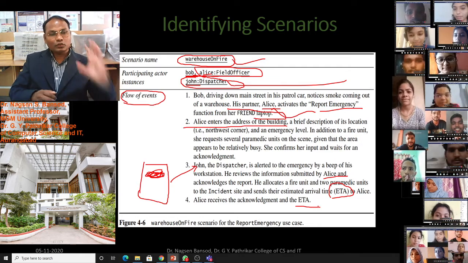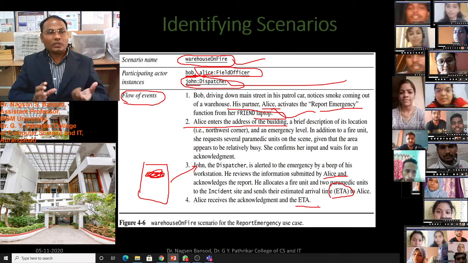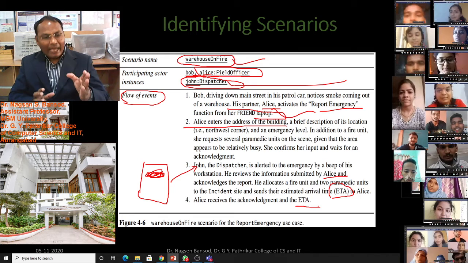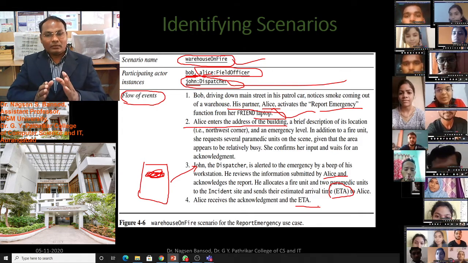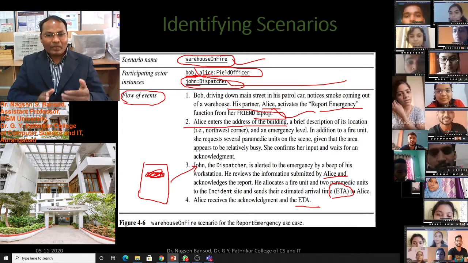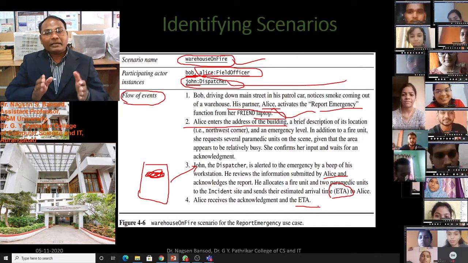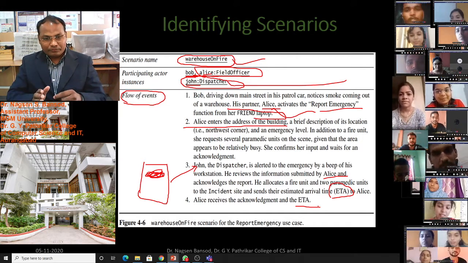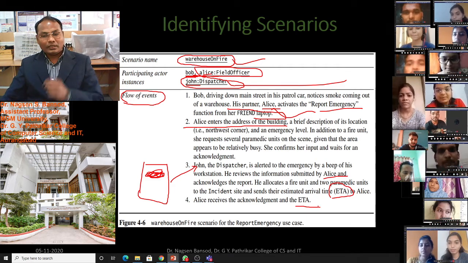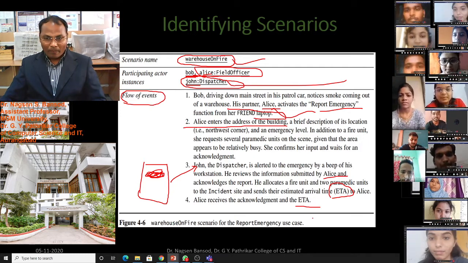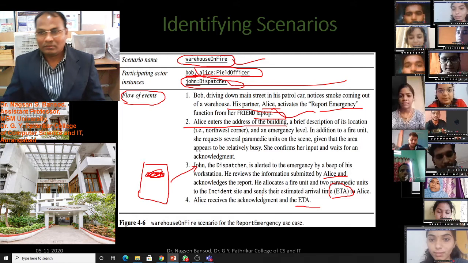After that, John reviewed the information and sent the acknowledgement to Alice with the estimated arrival time, as well as allocating the paramedical units to the incident site. Is it understood? Is it clear?